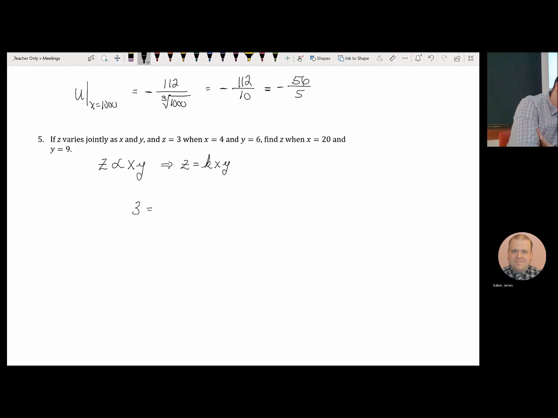Now we're told that z is equal to 3 when x is 4 and y is 6. K would be 3 over 24, which is 1/8. Right? Z is then xy over 8.